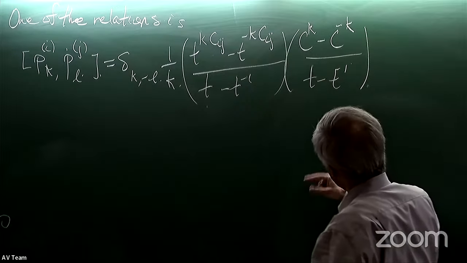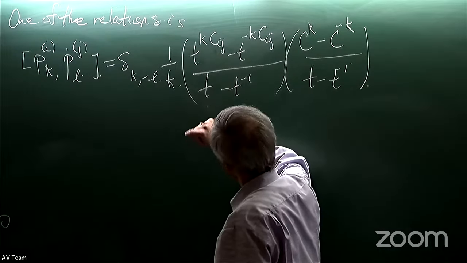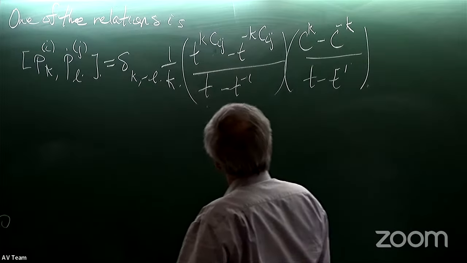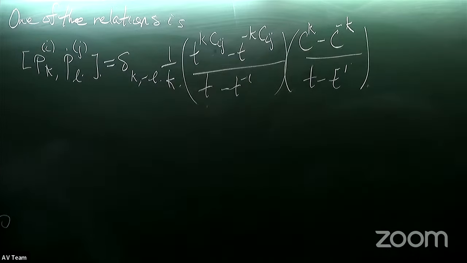Right? So these C_ij's, that's the Cartan matrix. T is my quantum parameter. And C here is that central element.